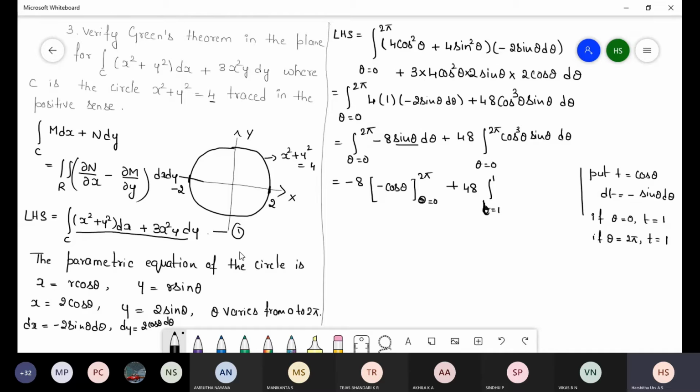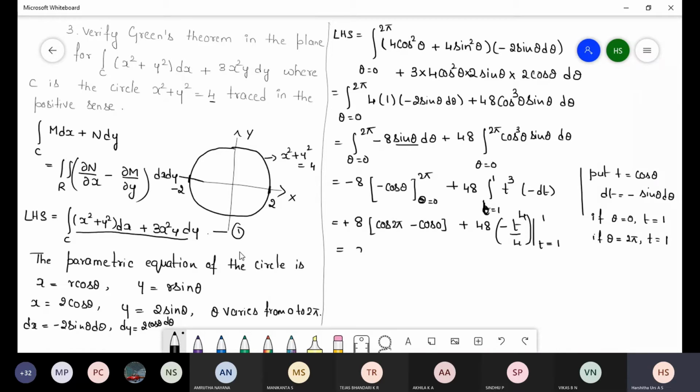So in the place of cos theta I will write t. So we have cos cube theta, and sin theta d theta means minus dt. Now minus into minus gives plus 8 times (cos 2 pi minus cos 0), plus 48 into minus t power 4 divided by 4, with t varying from 1 to 1, because the integration of t cube is t power 4 by 4.